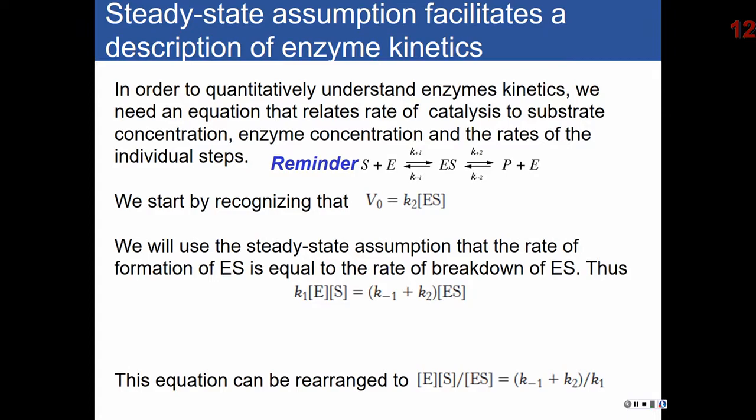So the first thing we have to remember is that when we add our substrate and our enzyme together, the rate of this enzyme substrate transition state, okay, so this is your transition state right here. The rate that those two interact has a specific rate constant, and we're going to call that K sub plus 1.